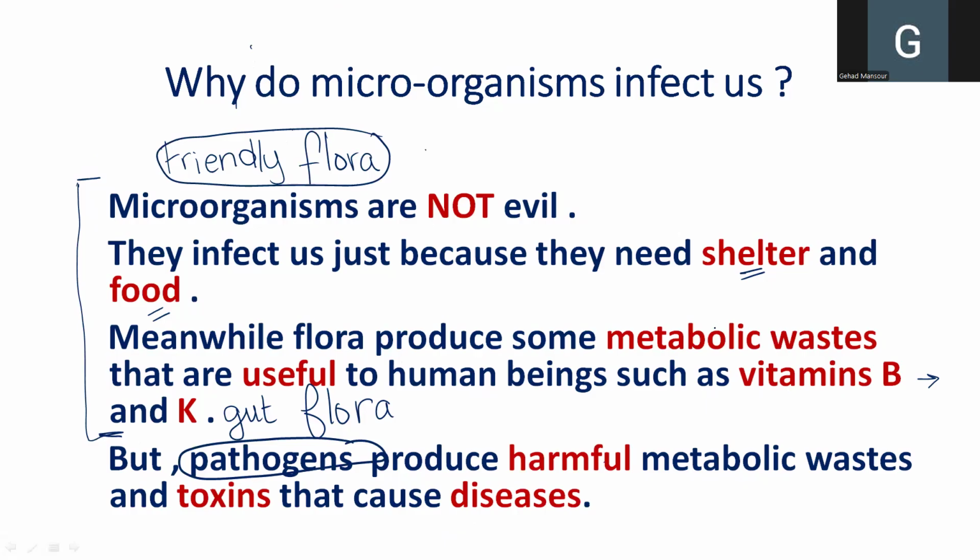Because in friendly flora, what do metabolic wastes produce? They produce useful substances to the human body. But pathogens also have metabolic wastes, and these metabolic wastes are toxic to the body, and if they are toxic to the body, then they cause diseases.